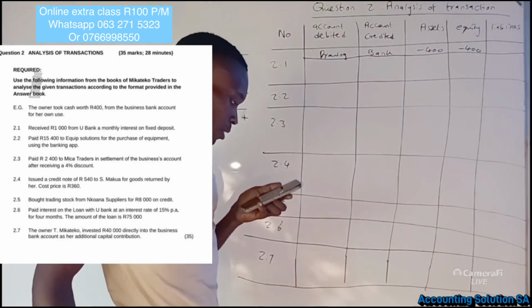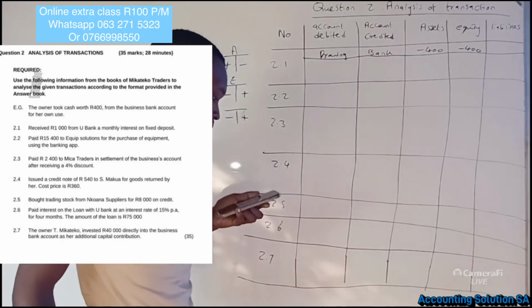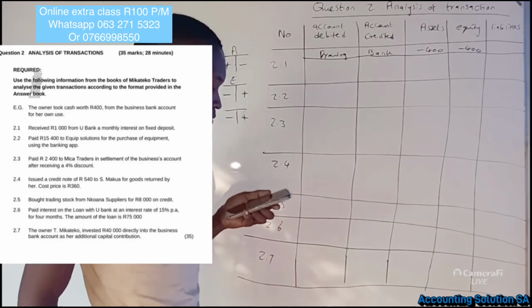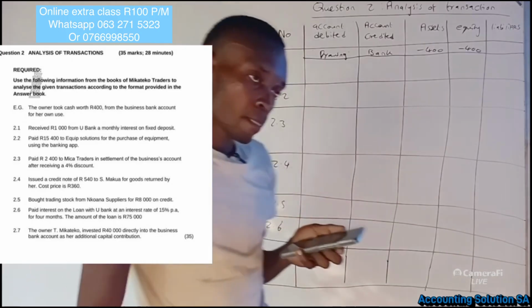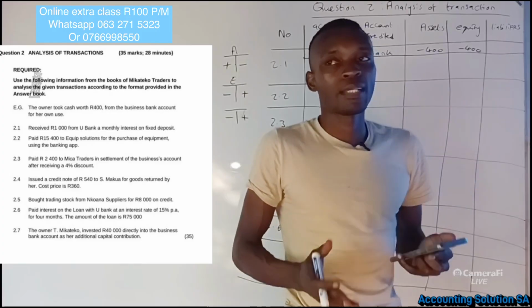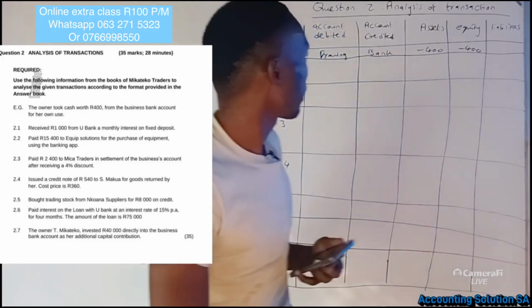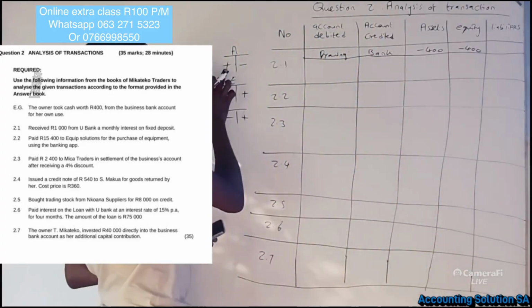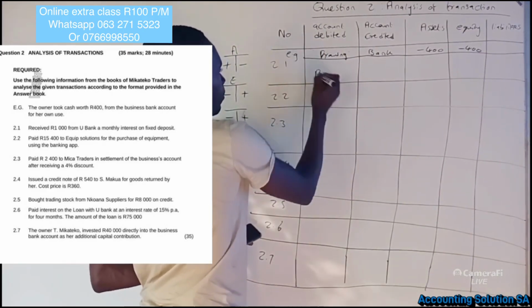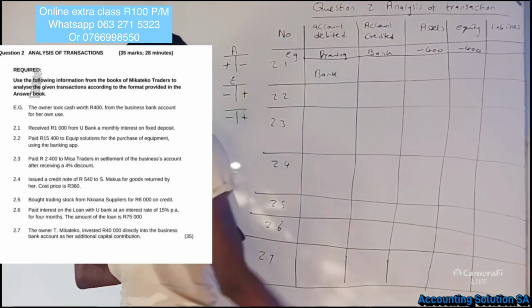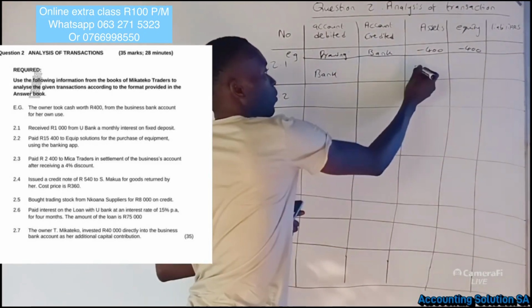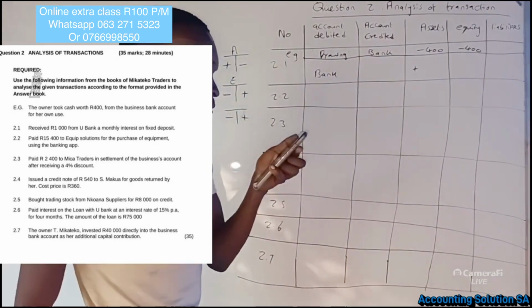Then 2.1: received 1,000 from the bank as monthly interest on a fixed deposit. The business received cash, which means that bank has increased the balance, so bank is on the plus. Assets increase. We're going to have bank. Then what caused bank to increase?